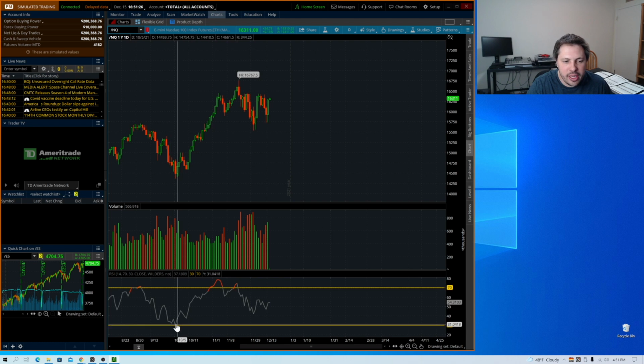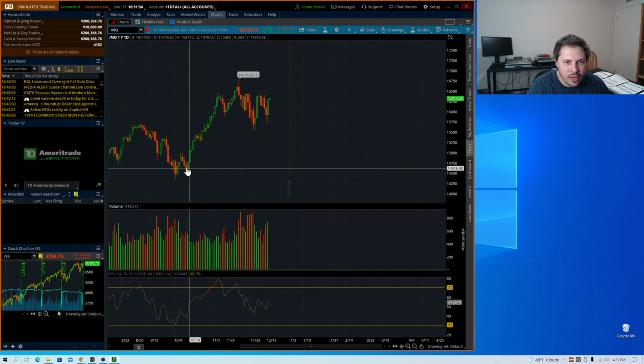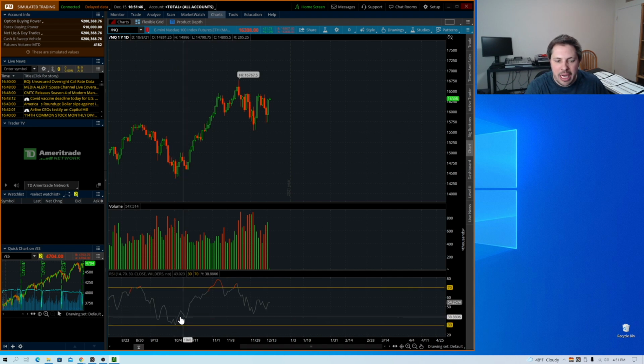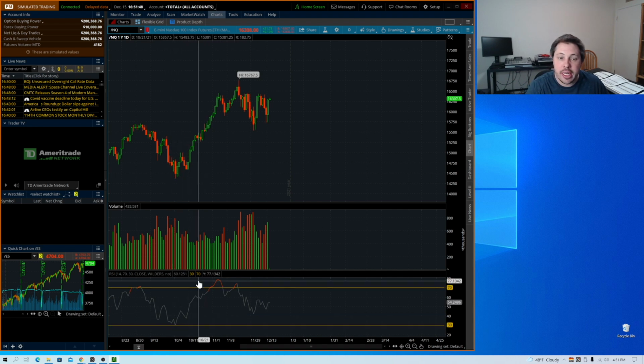We could have been looking at this RSI, and when it started to move back up and then retested down here, we could see that this was changing from a potentially oversold market into now a potential buy, or a market that's trending back up.